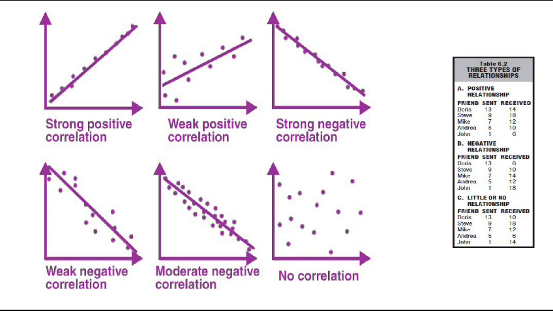Then the negative relationship. Here the same friends send and receive greeting cards. Doris sent 13 greeting cards but she received only 6. That is decreasing. But in the above positive relationship, the sent and received values are in an increasing order.